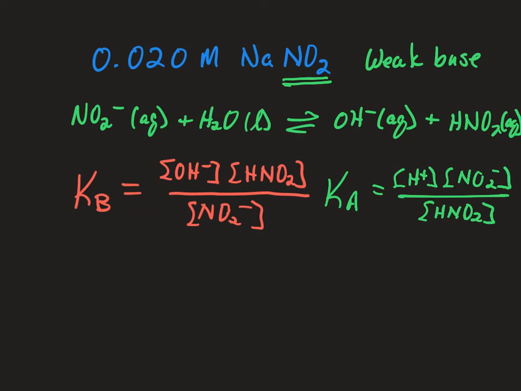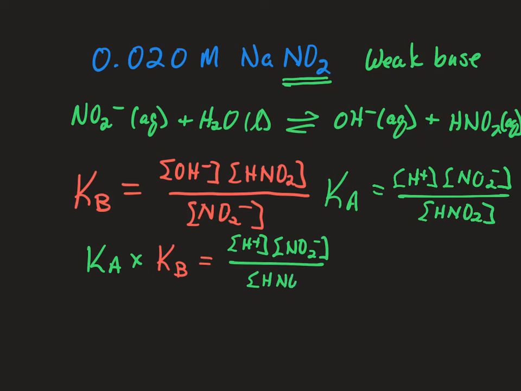So let's look at what happens if we multiply our Ka times our Kb. That's going to be equal to, our Ka is concentration of hydrogen ions times concentration of nitrite ion divided by the concentration of undissociated nitrous acid.